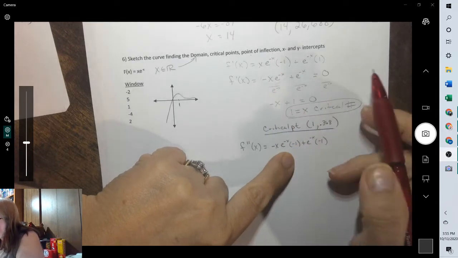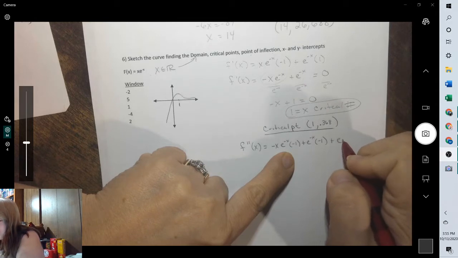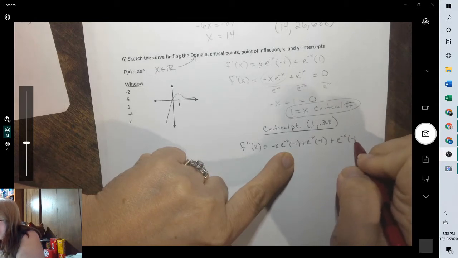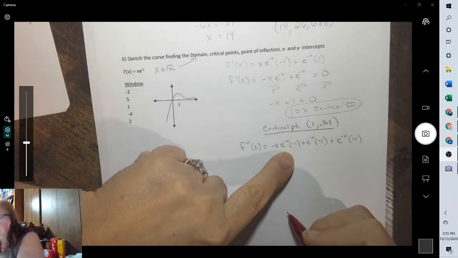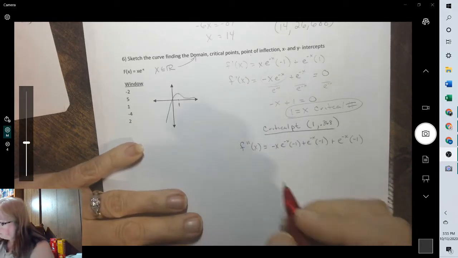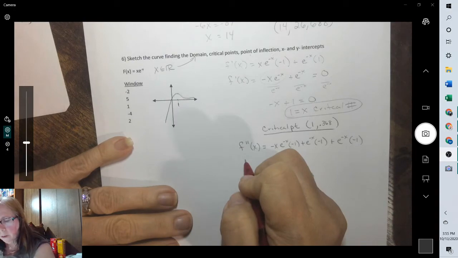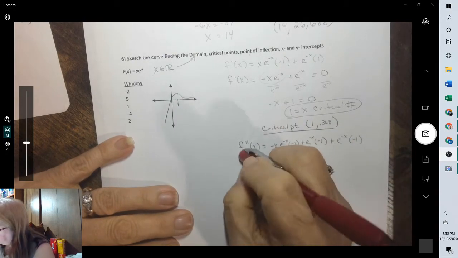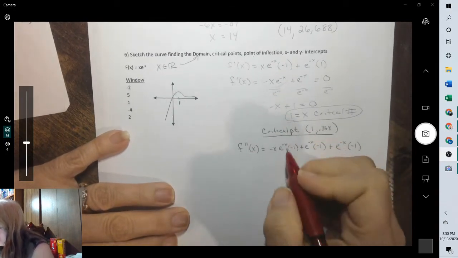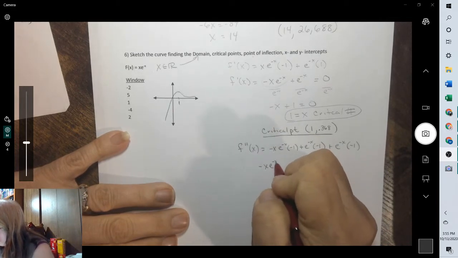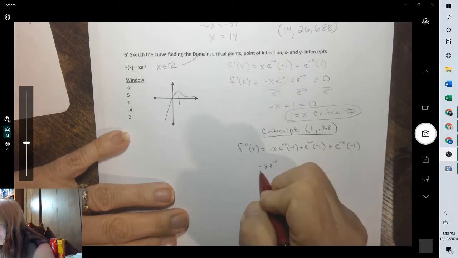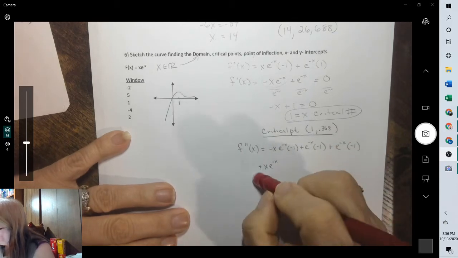Then we take the derivative of this, which is e to the negative x times a negative 1. So all of that would be the derivative. We're going to set it equal to 0. This negative times this negative just makes this positive.